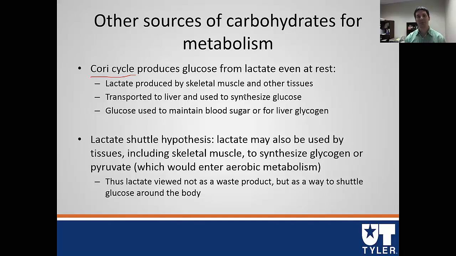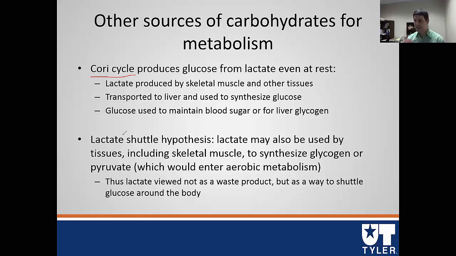So we can take a byproduct of glucose metabolism and turn it back into glucose itself, which I think is a pretty cool system. The liver can then use this to maintain blood sugar or store it as liver glycogen to be used later on when you are low on blood glucose.